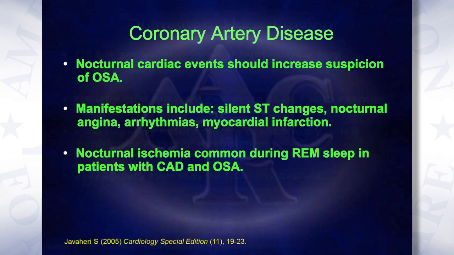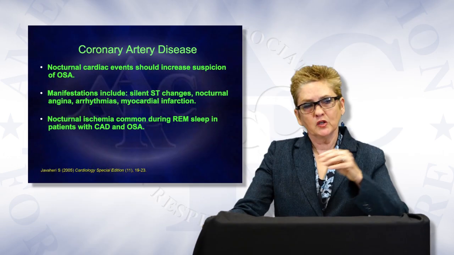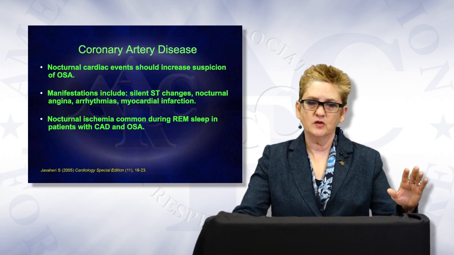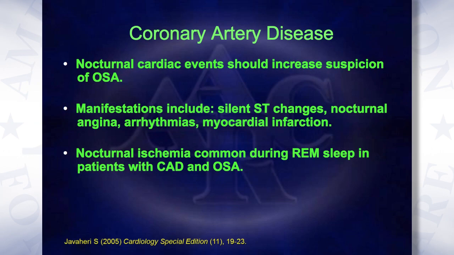When we look at coronary artery disease, I talked about earlier going back and making sure we're screening patients. If a patient is diagnosed with coronary artery disease, there could be suspicion of OSA because they're having nocturnal cardiac events. Then we want to go back and screen and make sure that they aren't having OSA.